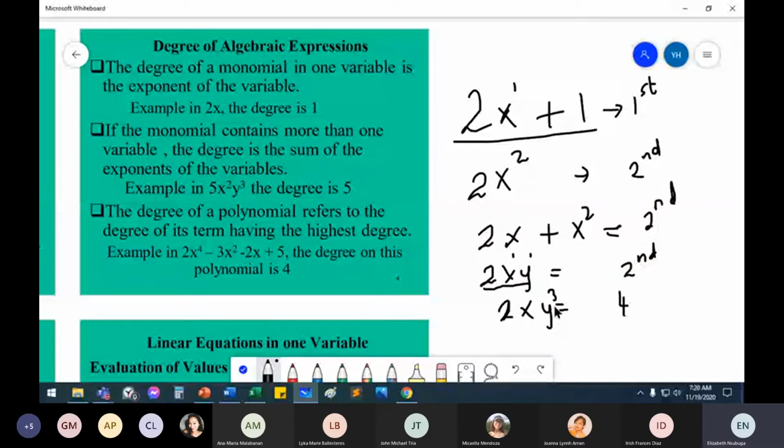Always add them. But if it were 2x plus y cubed, what will be the degree? Third degree. Because this has the highest, and there is an addition operation here, so we cannot just add this one to this. This is 1, this has the highest, therefore this expression will have a third degree.